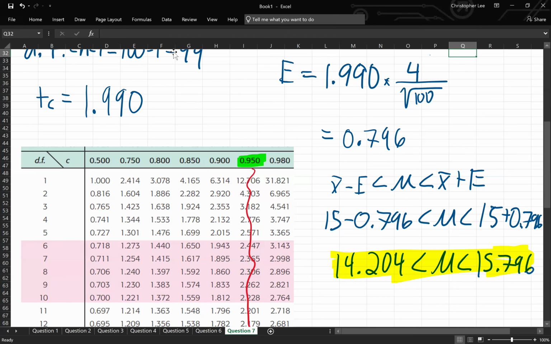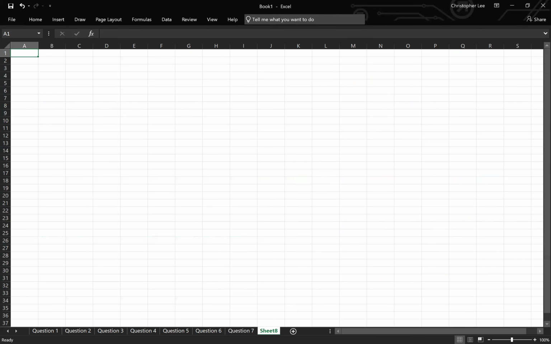So confidence interval. Questions, are we good? Good? All right. Let's take a look at what we're looking at today. I'll make this real quick and nice.